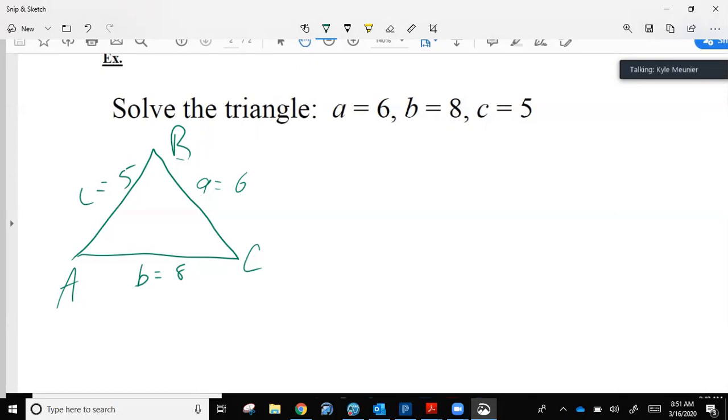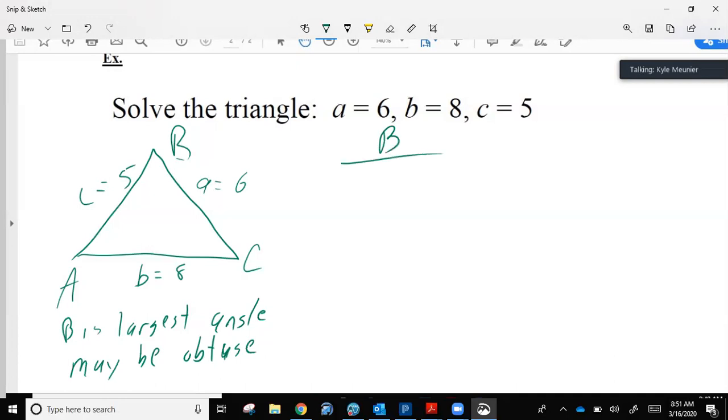That will help save some headaches later on. And looking at this, angle B is the largest angle. That means it may be obtuse. It doesn't have to be, you don't have to have an obtuse angle, but it might be. So I'm going to go ahead and find angle B using the law of cosines.